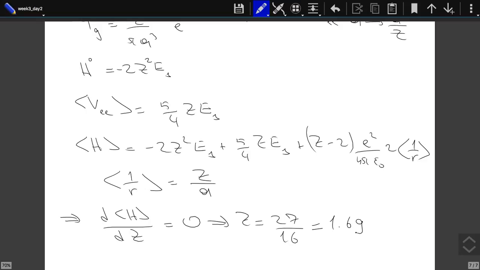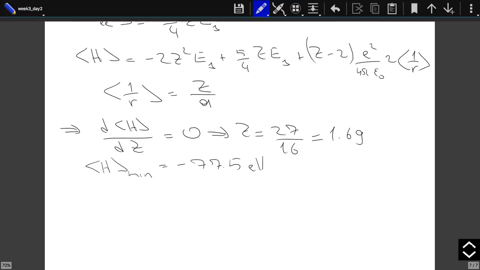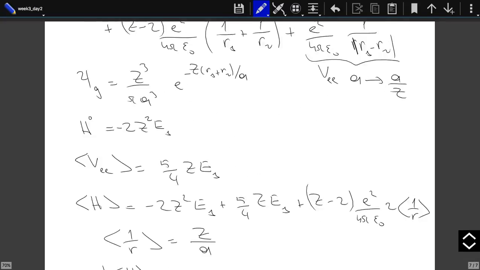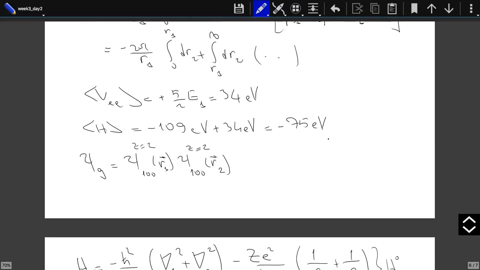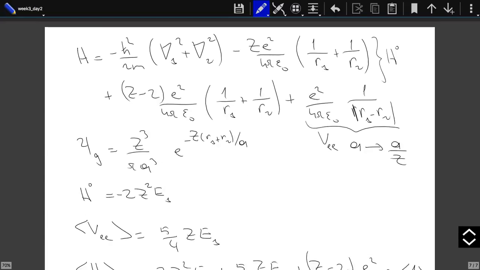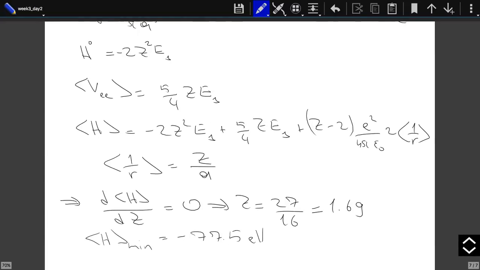And if you put in the numbers, the H min, that's the upper bound for the ground state, is equal to minus 77.5 electron volts. Well, some slight improvement. Before we had the 75. Now we have the 77.5, which is much closer to the ground state.